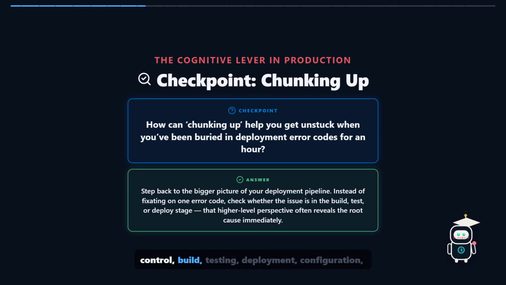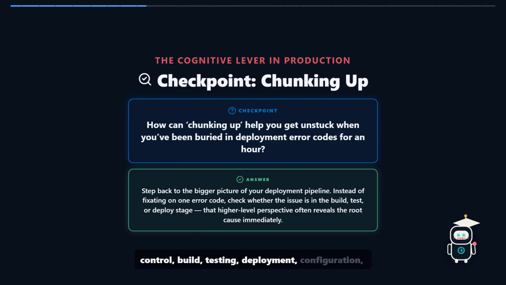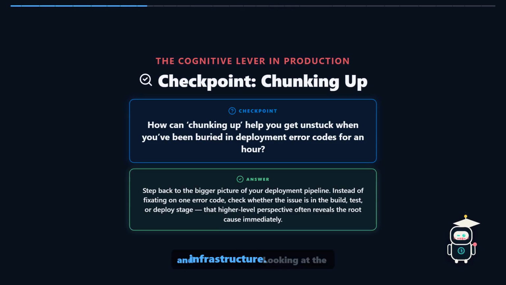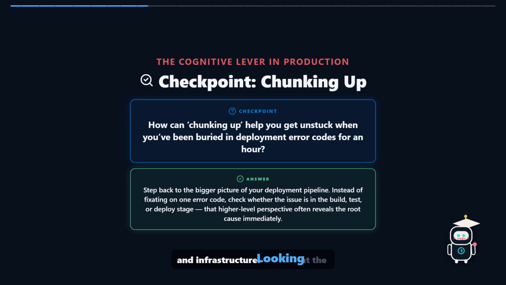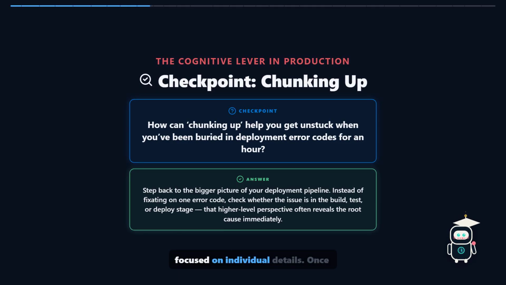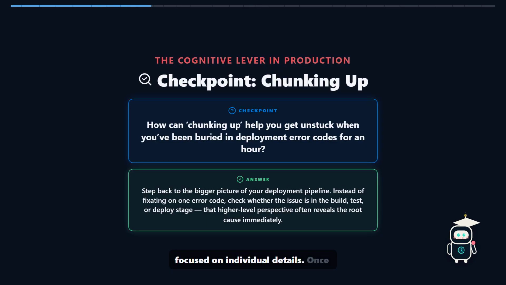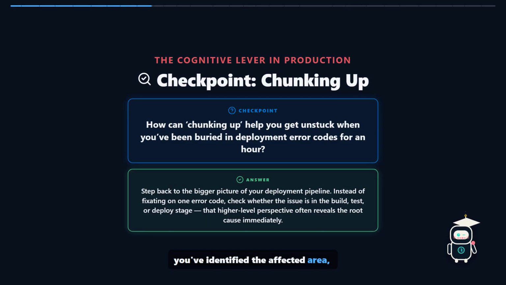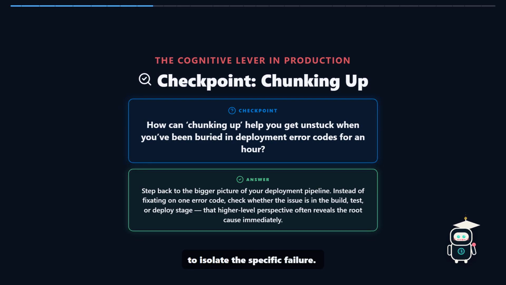Source control, build, testing, deployment, configuration, and infrastructure. Looking at the broader system often reveals relationships that aren't visible when you're focused on individual details. Once you've identified the affected area, you can chunk back down to isolate the specific failure.